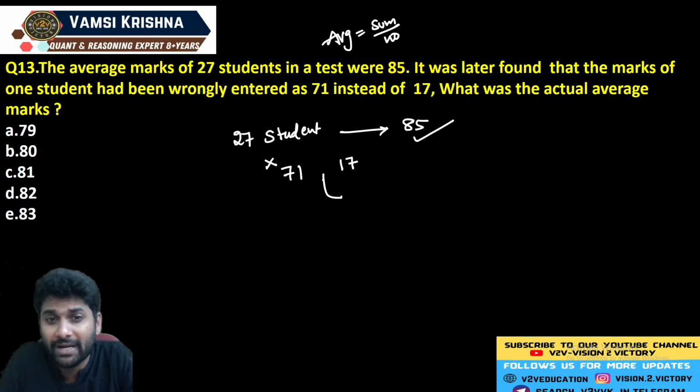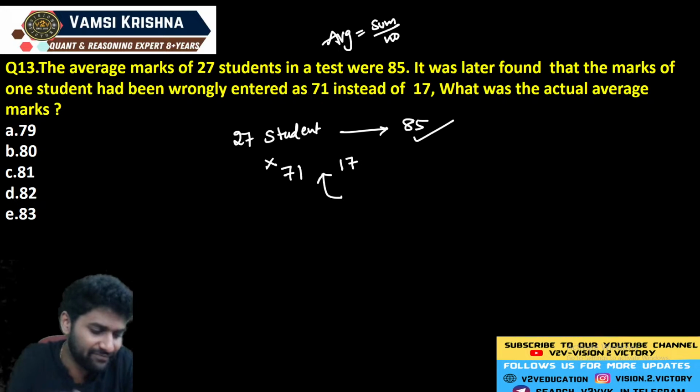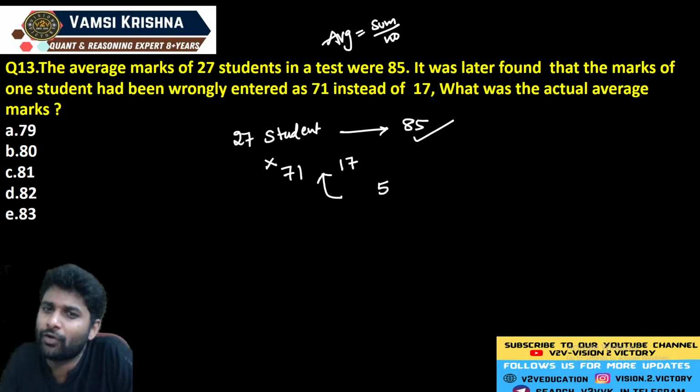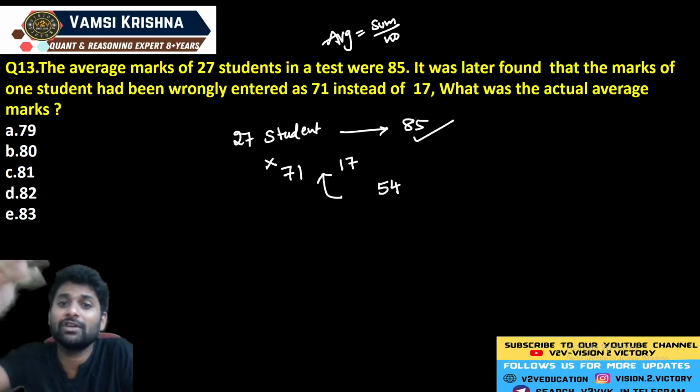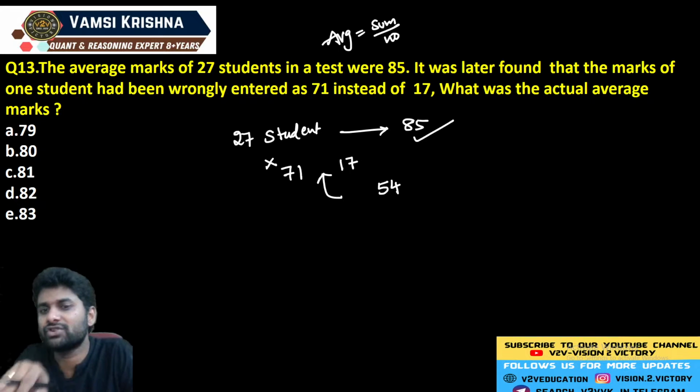Now, you already know that how many marks already more when compared to the original one? Just find the difference of 71 and 17, guys. So, how much of difference we have? 54 marks are extra. Guys, because of these 54 marks extra in entry, the average goes 85. If you entered original scores, definitely average should decrease.